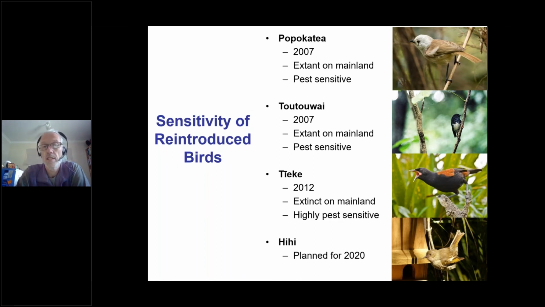The third one is Tieke, which were reintroduced in 2012, are extinct on the mainland except out in predator sanctuaries, and they're highly pest sensitive. And also briefly mention hihi, which are another very pest sensitive species. There was a reintroduction plan for 2020, which of course we've held off on because of the stoat and cat incursions.